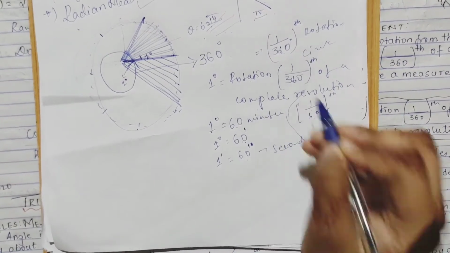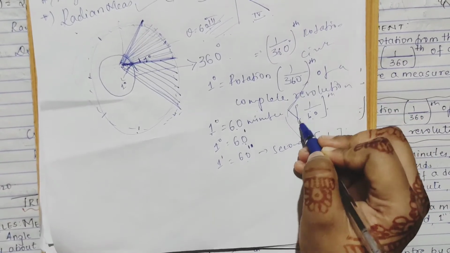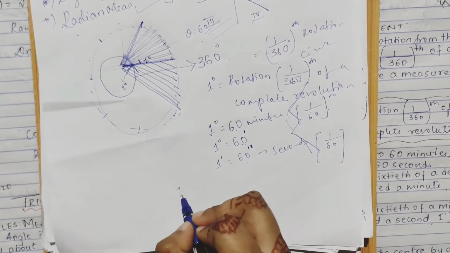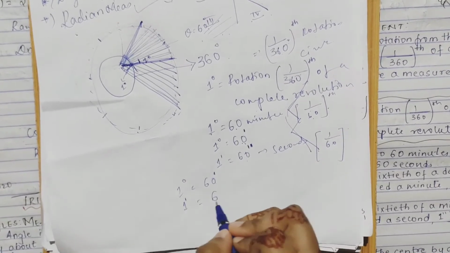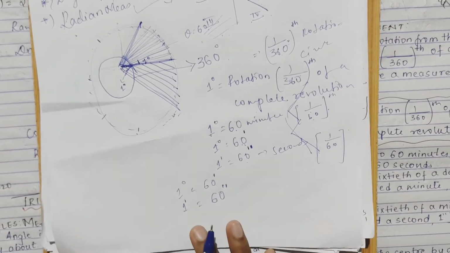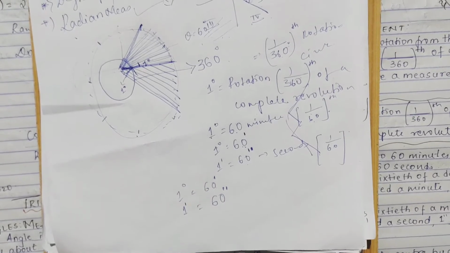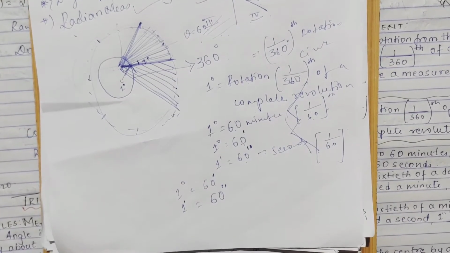So this is how it is linked. Your 1 degree is divided into 60 minutes, and your minute is divided into 60 seconds. We have studied it like this, even in time.